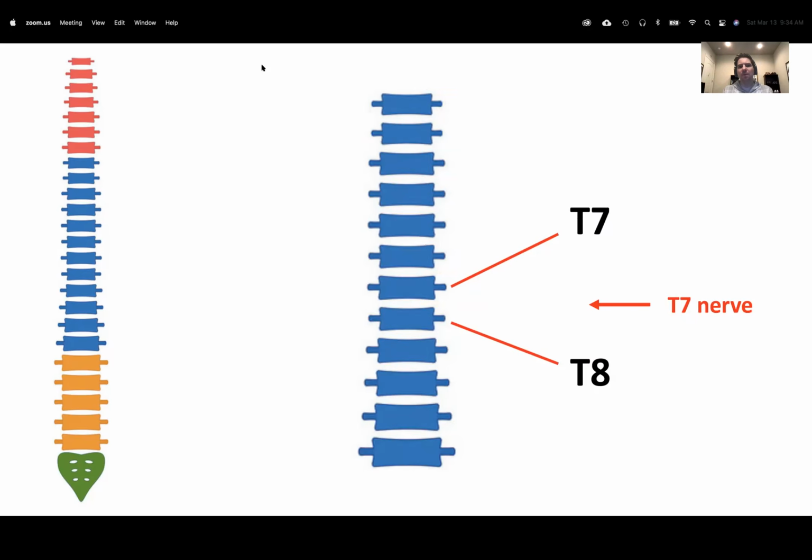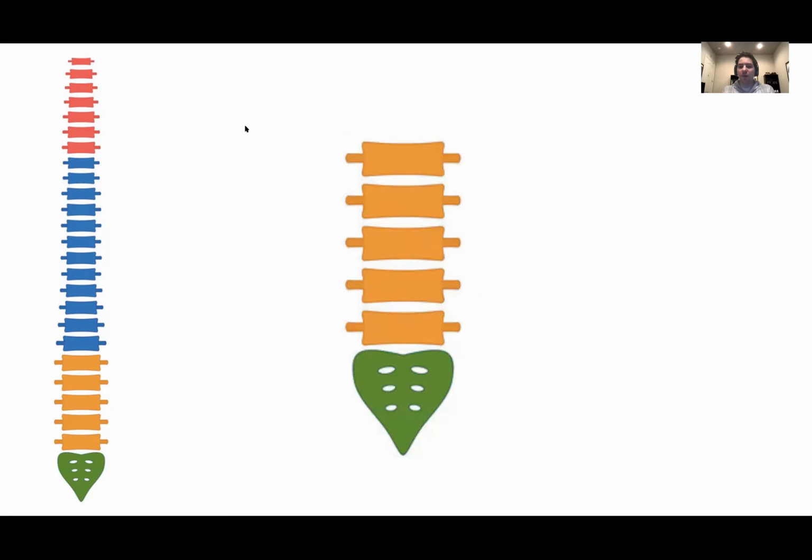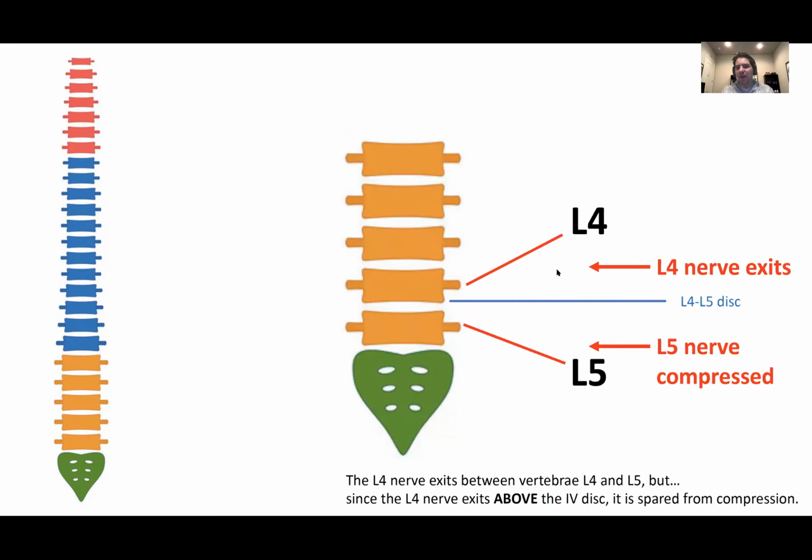Now, what's tricky about the lumbar region is that there's a nerve that exits above the disc. So L4 is going to exit here. Let me draw it. It's going to exit here, but when this disc herniates, it's going to miss it.